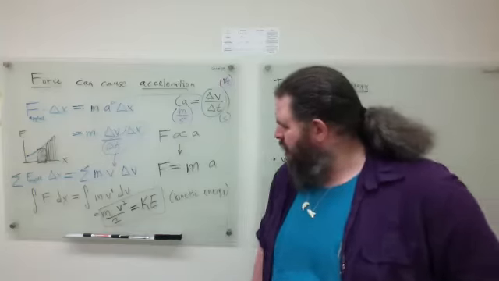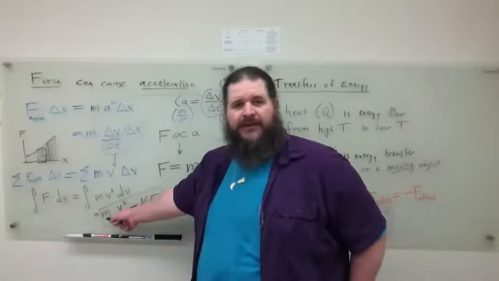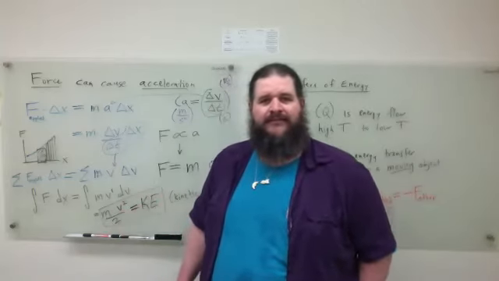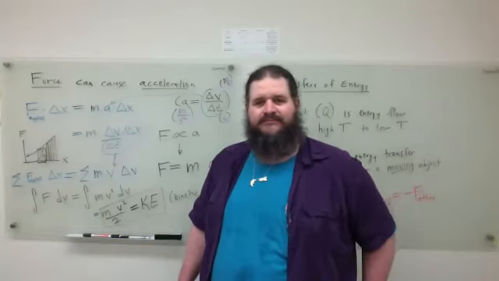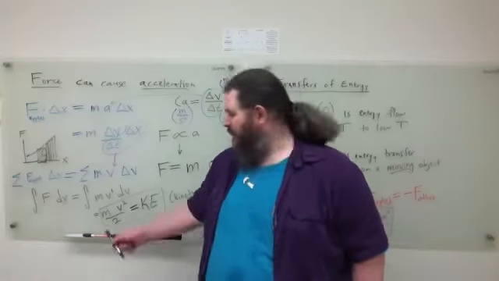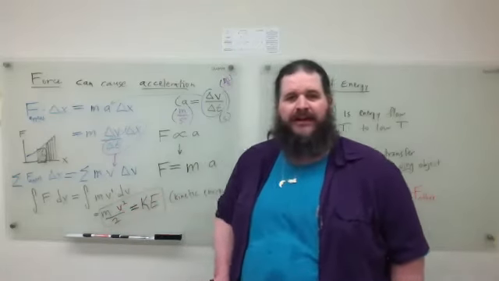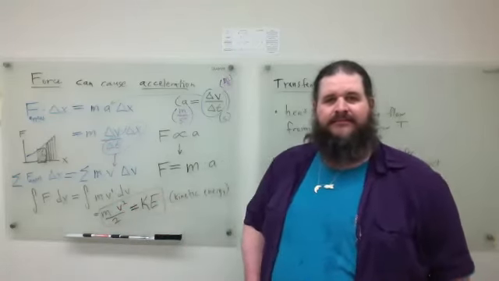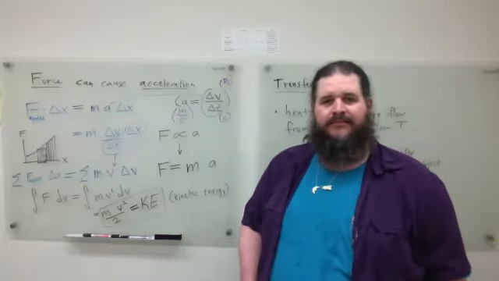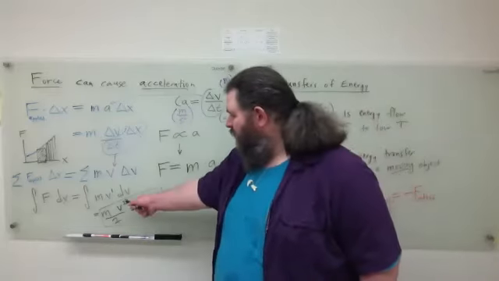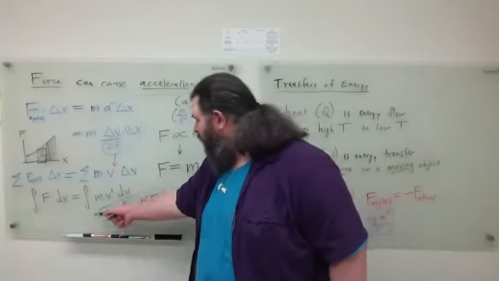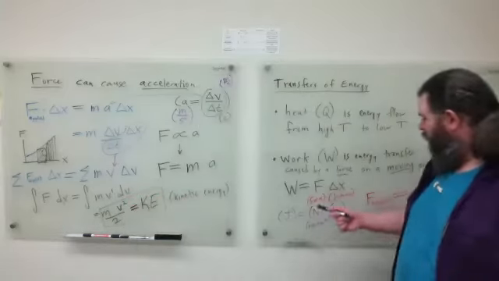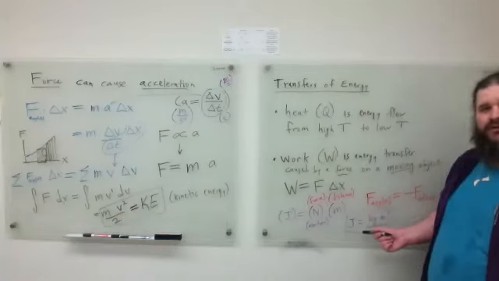And also, if you take a look at the units, what's mass typically measured in? Kilograms. And then speed would be measured in meters per second. But we're squaring that, so we get meters squared over seconds squared. And kilograms meters squared over seconds squared is the exact definition of joules.